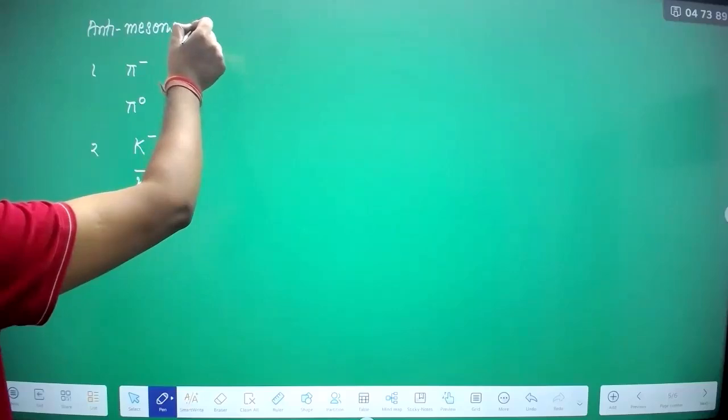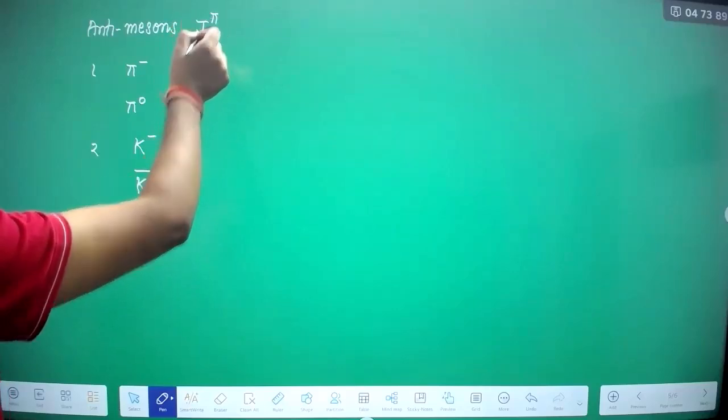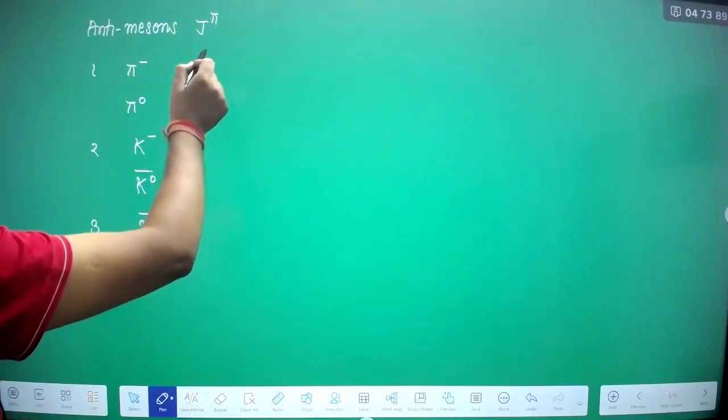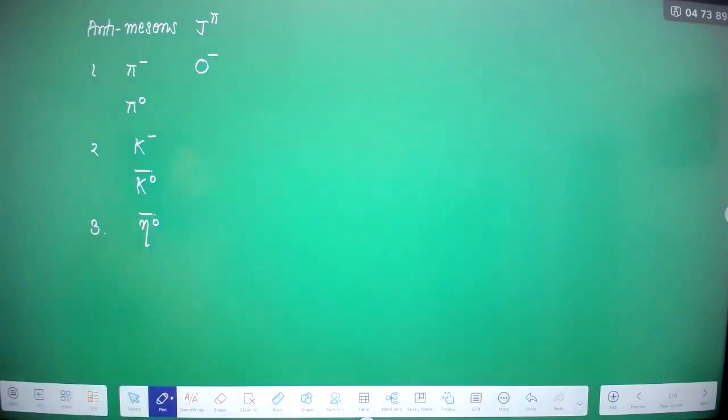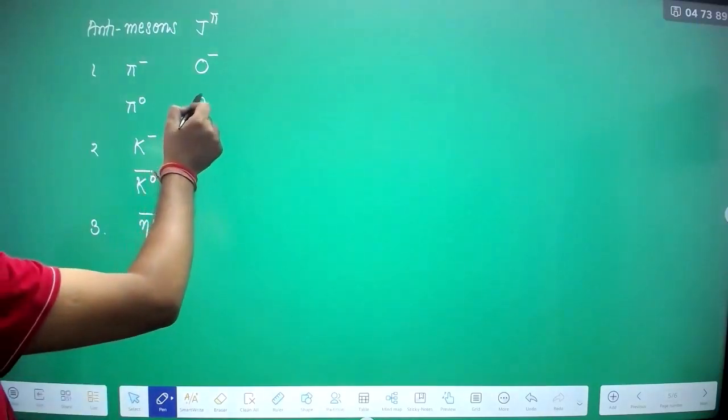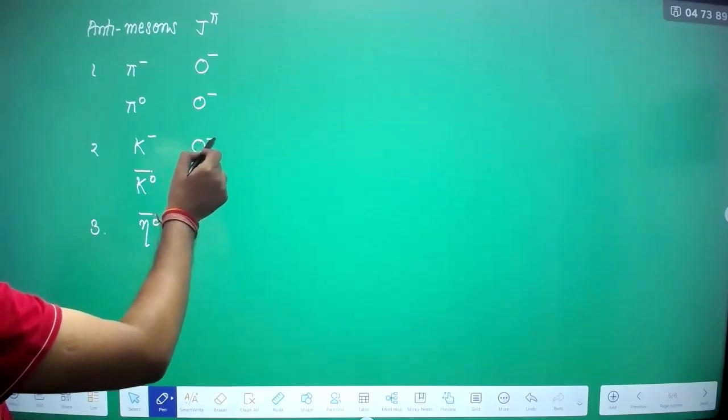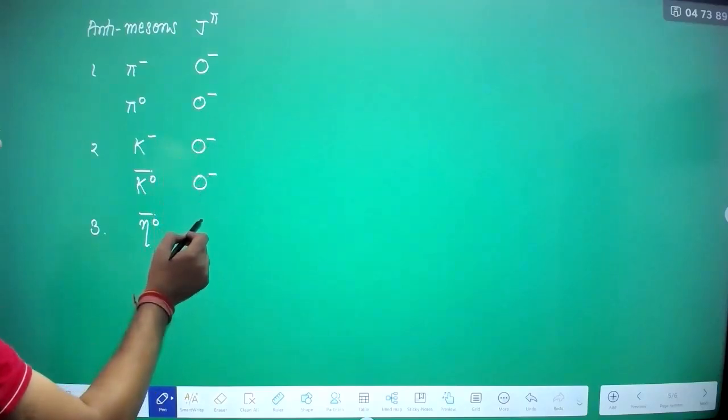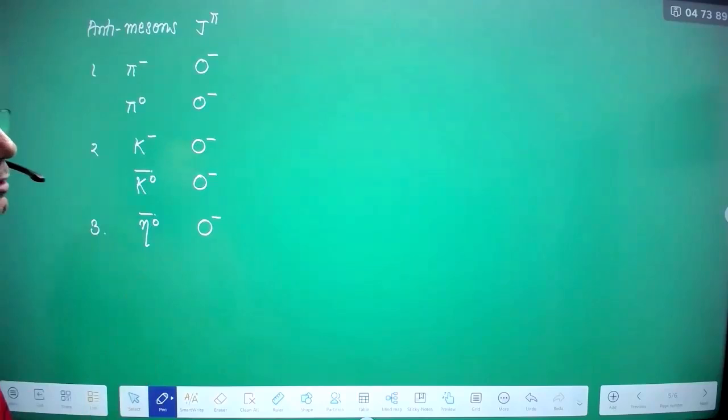What will be J pi? Remember this, they are bosons. Spin remains same, parity remains same. So for bosons and their antiparticles, their parities will remain same. So this will be 0 minus, 0 minus, 0 minus, 0 minus.